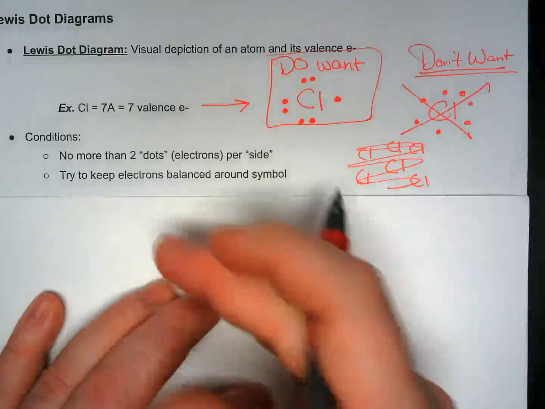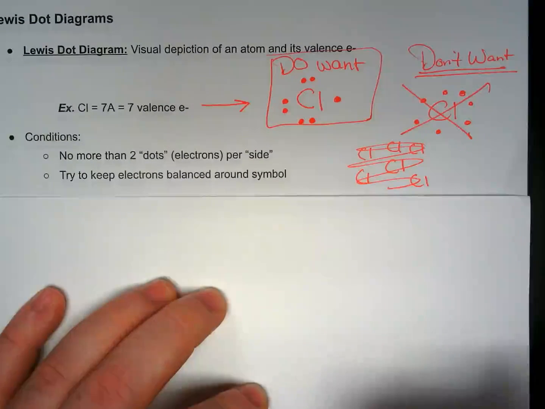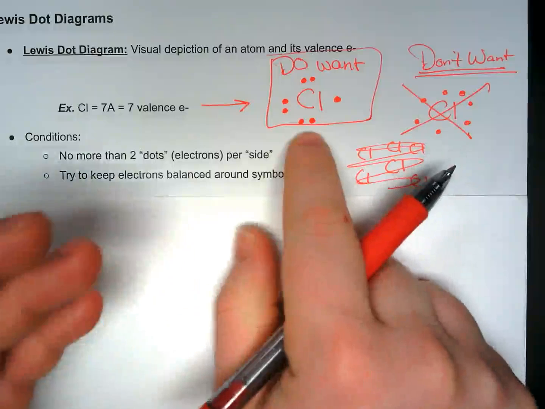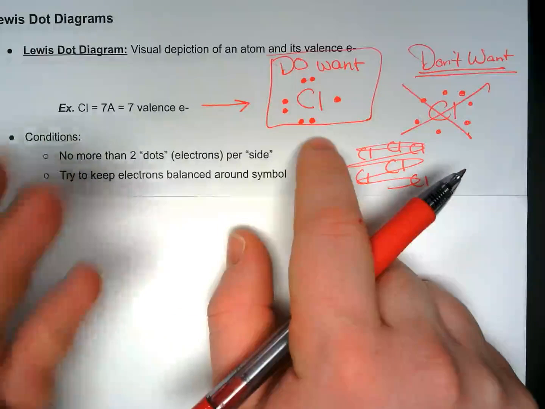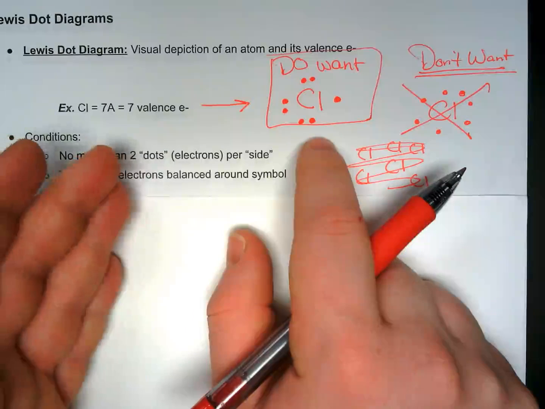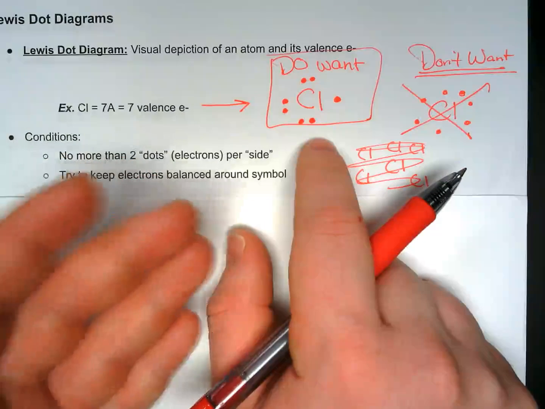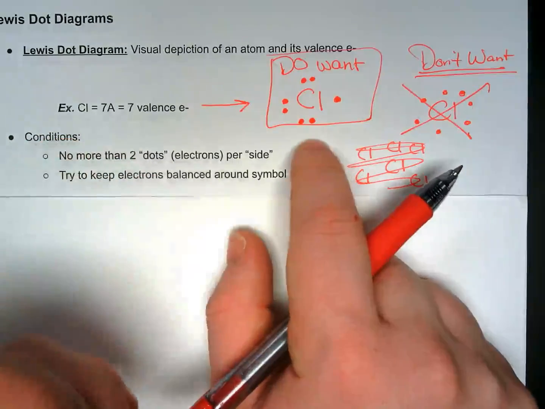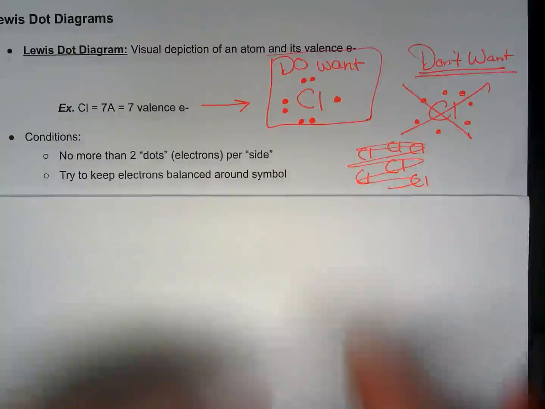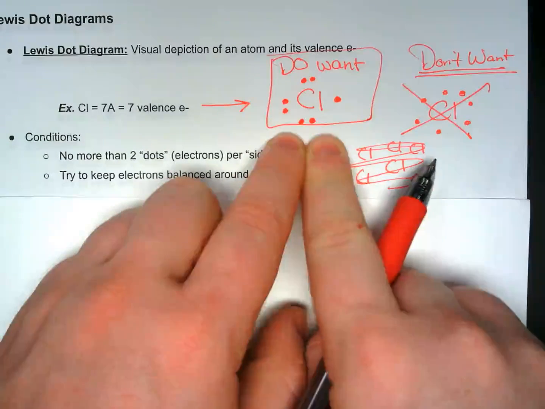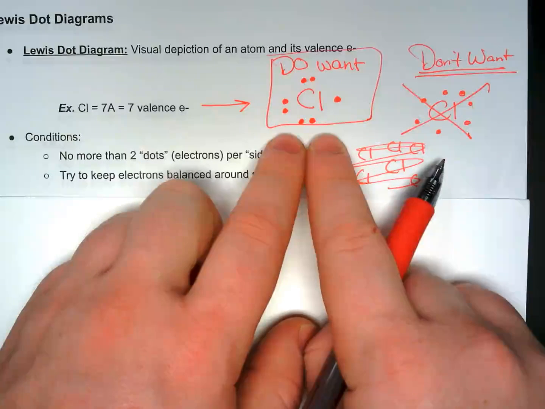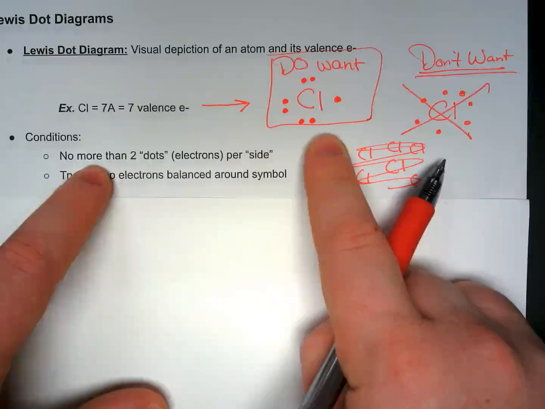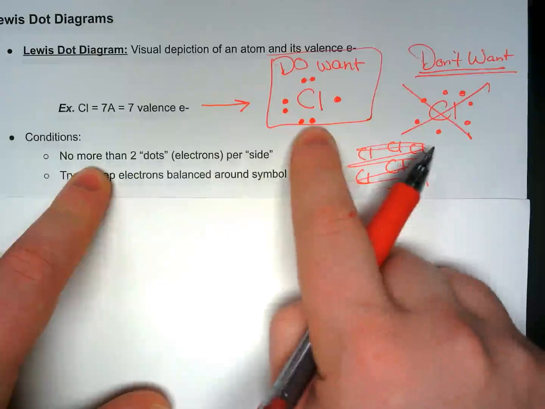They're at particular angles, and they have to conform to a decent structure. Because if you don't, your reader's going to be confused, and you're going to be confused, and plus you're not accurately representing your bond. So when we make these, make sure you keep them nice and even, and just follow these 2 conditions. And then the one I didn't mention here, just 2 dots per side.